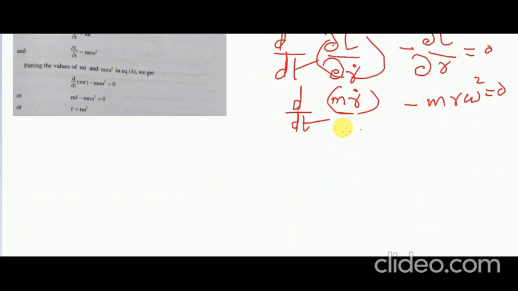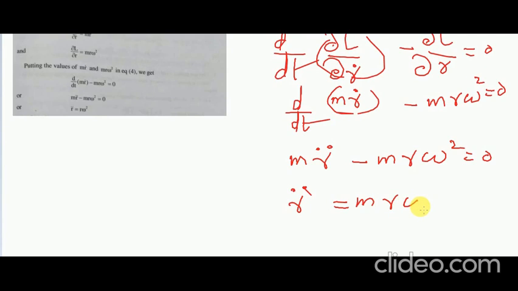Now the first term you have to differentiate with respect to time. So it will become m r double dot minus m r omega square equal to 0. Rearrange and take m outside and it cancels. So you will get r double dot equal to r omega square. R double dot is acceleration.